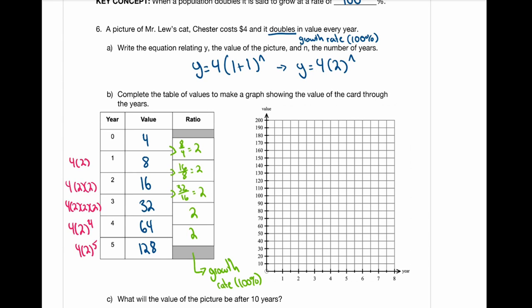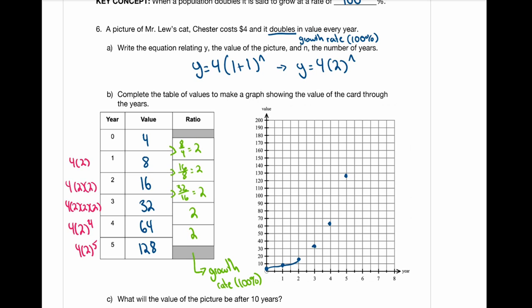If I want to graph this, at 0, it's $4. At 1, it's 8. At 2, it's 16. 3 is 32. 4 is 64. And 5 is 128.